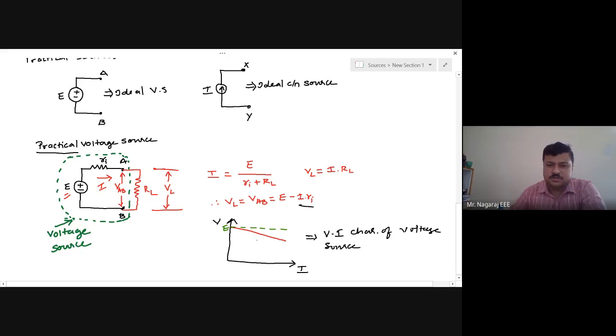Sorry, not V, this is VAB. Now, what is this gap?